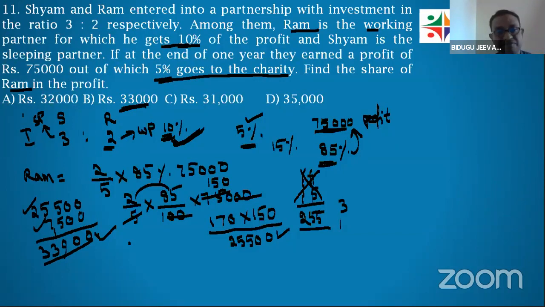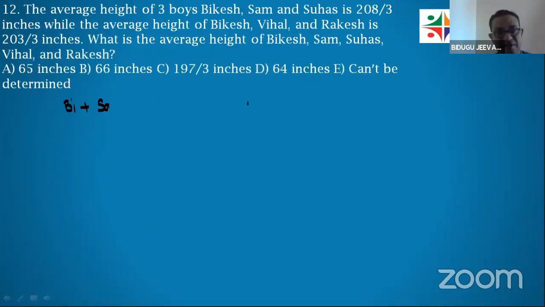Average means by. So I think you got the equation. Bikesh, Ram and Suhas, the total heights are 208. So let us take this first equation.